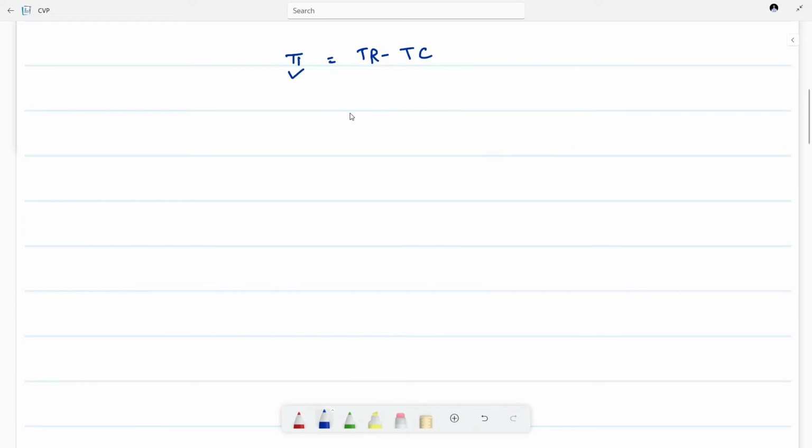So total revenue is quantity into price, minus average variable cost into quantity, which is total variable cost, plus total fixed cost. I have just skipped one step, although now I have written it. And this is the profit. What do I want? I want to find quantity.